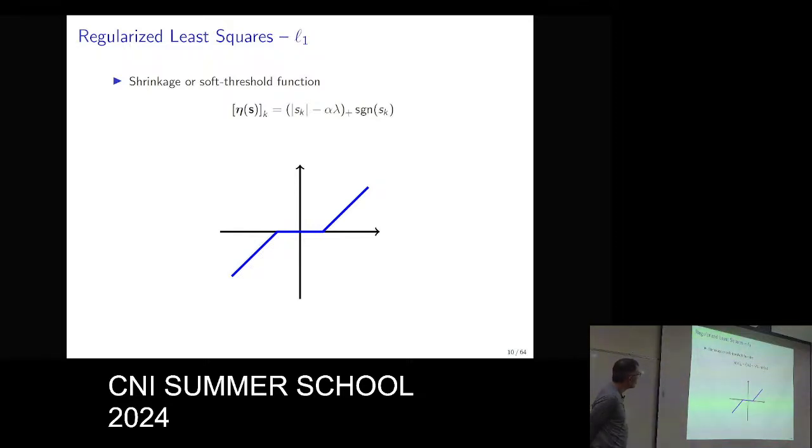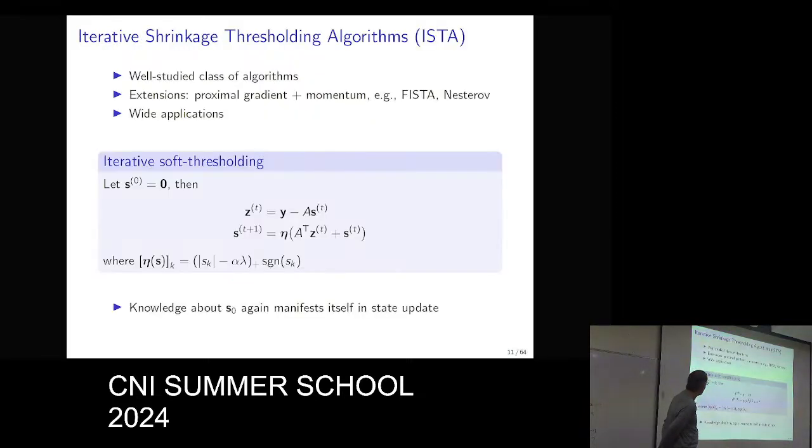So what does it look like? It looks like the shrinkage or soft-thresholding function. It's given by this, and component-wise it looks like this function, which is what we want to apply in terms of taking our L1 regularized problem at every step. So what do I mean by that? Now we get something that has several names.